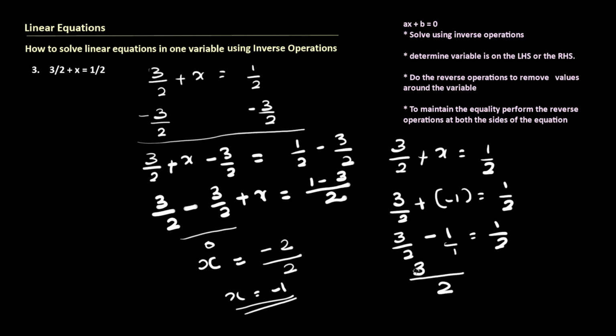So 3 minus 2 times 1, which is 2, equals 1 by 2. So 3 minus 2 is 1, divided by 2, equals 1 divided by 2. 1 by 2 equals 1 by 2. That is true. That means our solution is right.